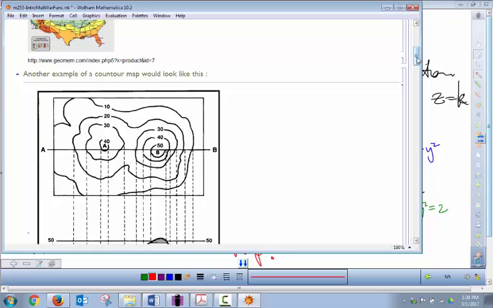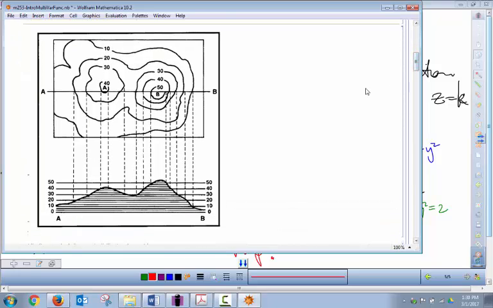There we go. So here's an example of a contour map. Your surface, you could describe as a function, might be this multi-level terrain, mountain, where you go hiking. And then you can have the contour map describe the height at a particular position.